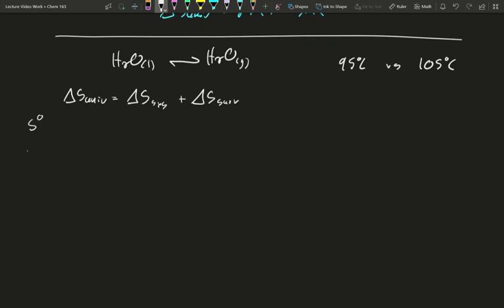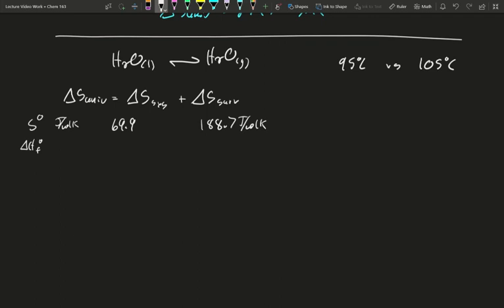Well, the standard S values and standard enthalpies of formation here for water, liquid and water gas, are 69.9 joules per mole Kelvin for liquid water, and 188.7 joules per mole Kelvin for gaseous water.